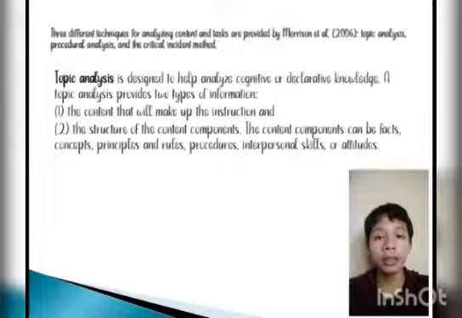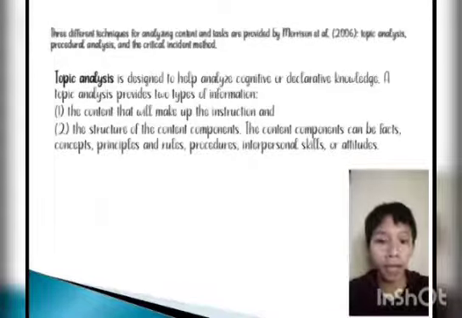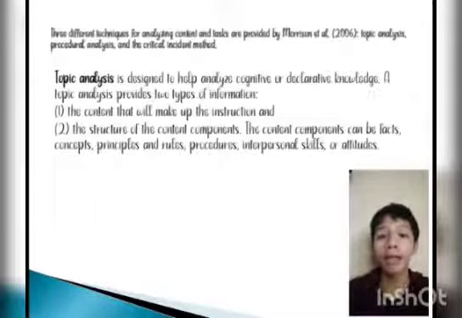And others, Dick, Carey and Carey 2011, instructional analysis is a set of procedures that, when applied to an instructional goal, results in the identification of the relevant steps for performing a goal and the subordinate skills required for a student to achieve the goal.